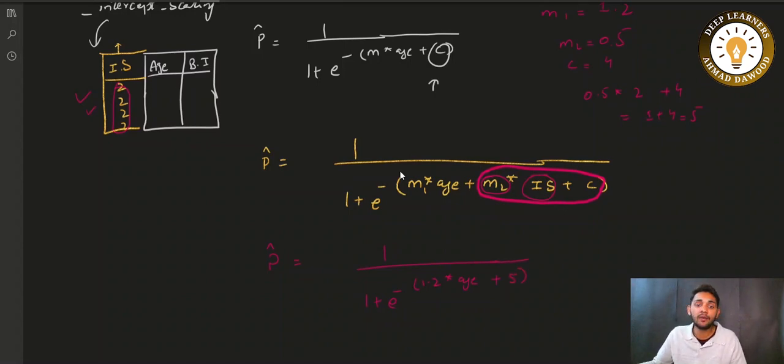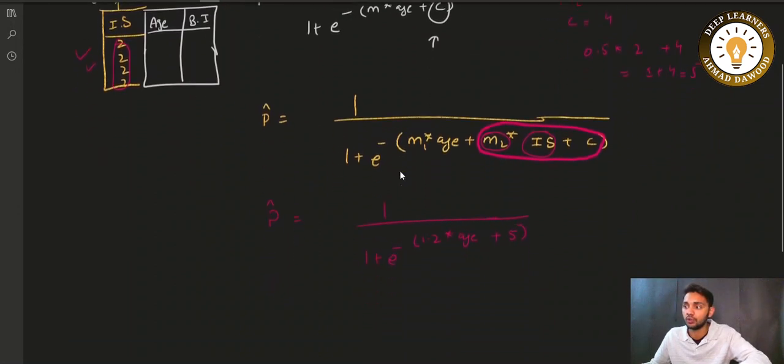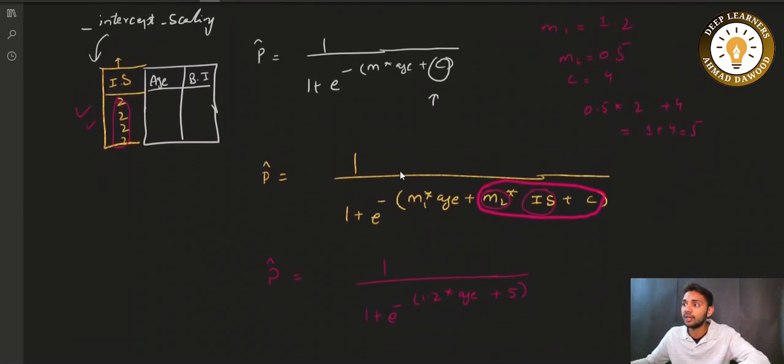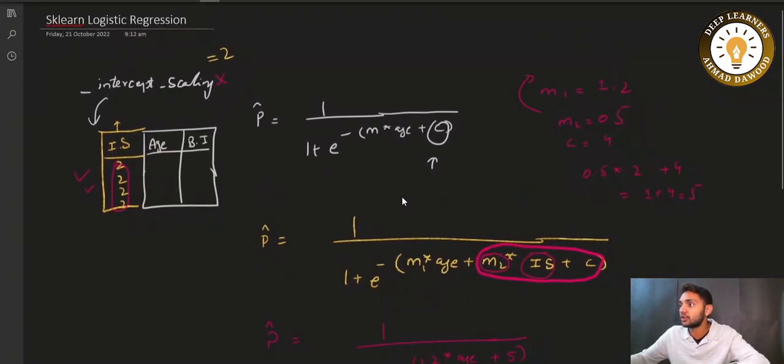Okay, if you have used the intercept scaling parameter and passed the value. In this way, by default, if you have not used intercept scaling, your equation will be like this: P cap is equal to 1 over 1 plus E raised to power minus 1.2 into age, plus 4.